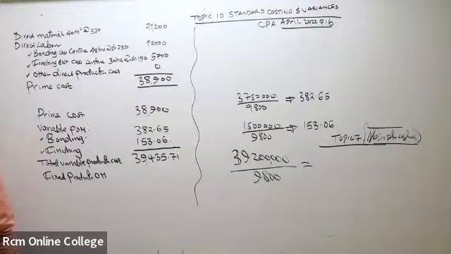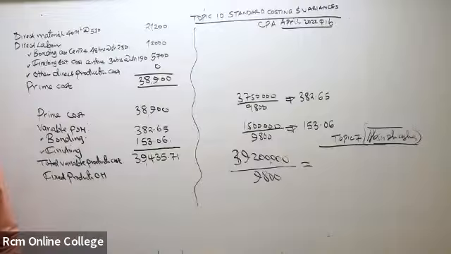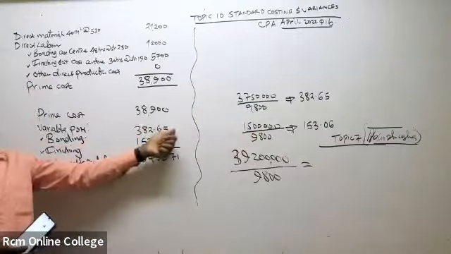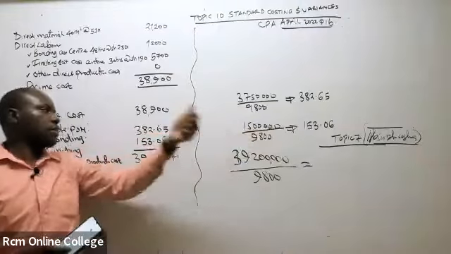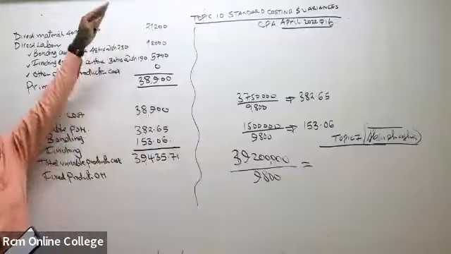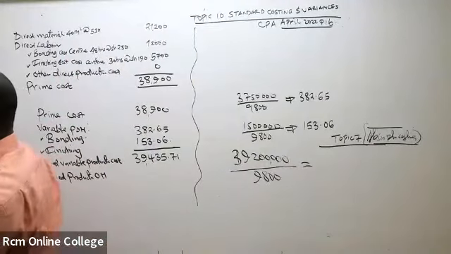Tunapata ngapi? If we are doing it for all the units, we were to take that 3750, put it here, take 1500, put it here, take 39,200, put it here, and get all the costs for the 9,800 units.